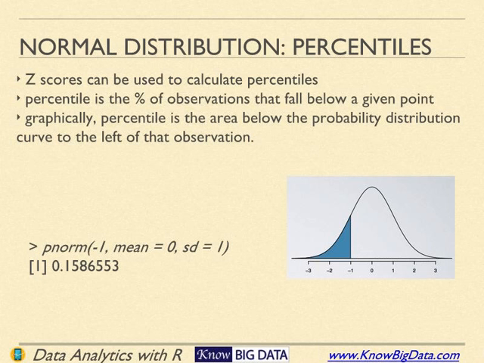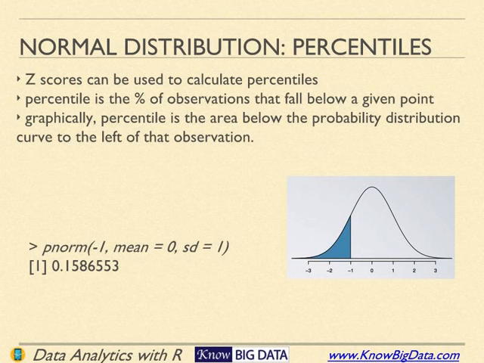Now, coming back, if you know a value here, given an X value, if you want to compute this area, you can quickly compute it using pnorm. If you have 2 as the value, the area from this to this will be what is returned by pnorm. pnorm will return the full area.